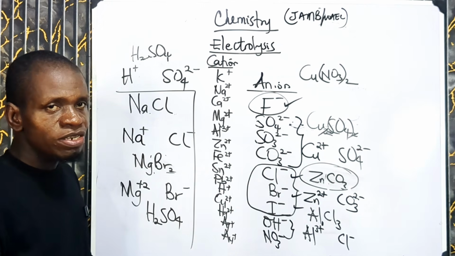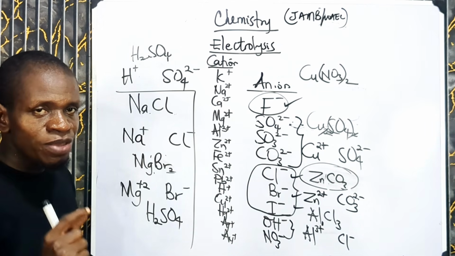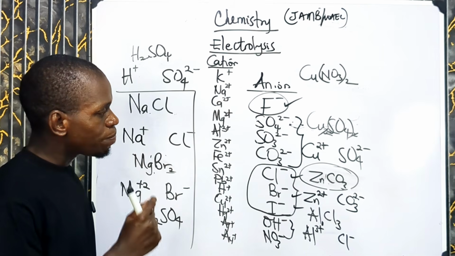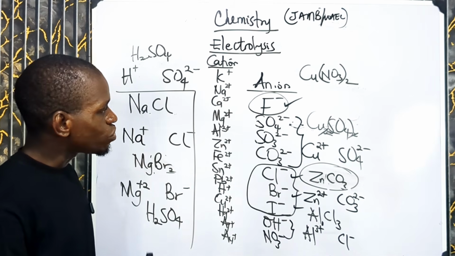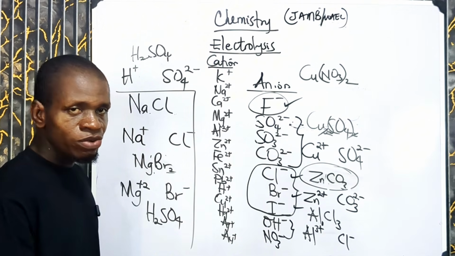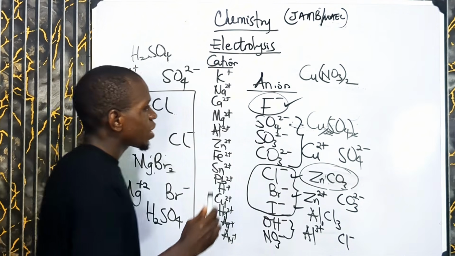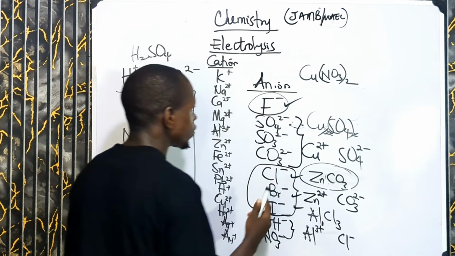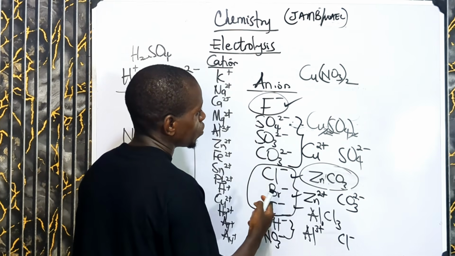What will I do to break it into ions now? Please pay attention because this is the major part of it all. If you're able to know how to break or decompose a compound, you've learned this topic very well. All right. Now, how can I break it into its ions?